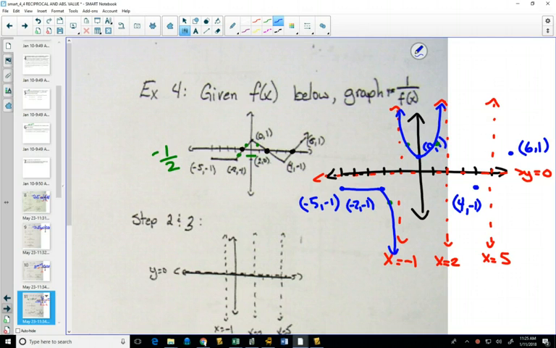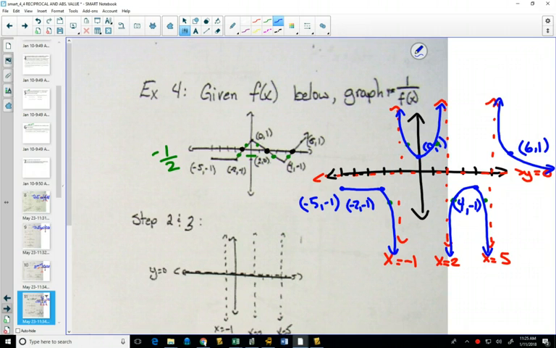Same thing here. If we wanted, we could figure out here are places where the y value is negative a half. So it's going to be negative 2 in those sections. So we can draw our asymptotic behavior.